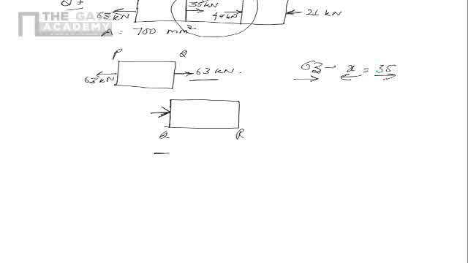This is what we are doing. So x will be equal to 63 minus 35, which is nothing but 28. So we have a force which is acting like that. This is the force 28 here. Obviously to balance out, this has to be 28 this side also. So we know that the central segment QR has a tensile force of 28.